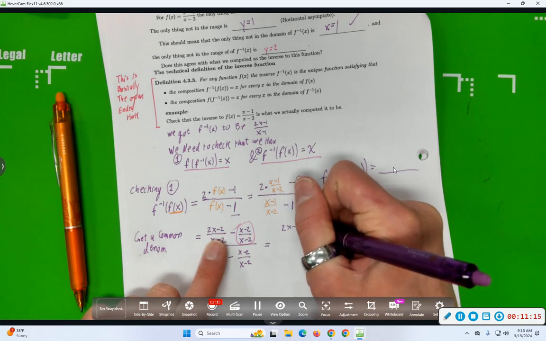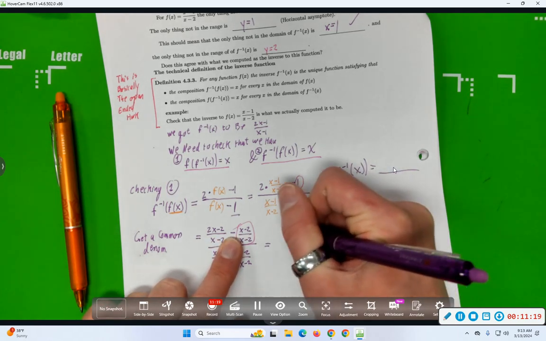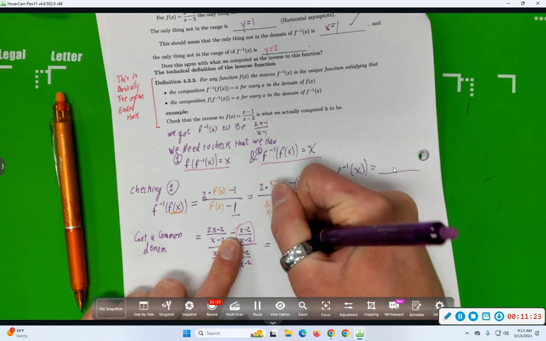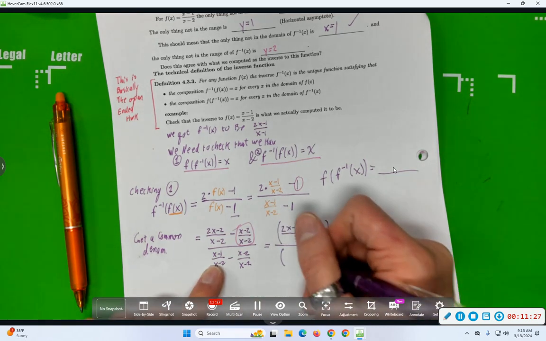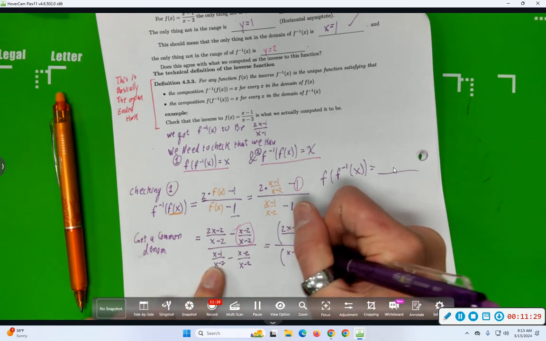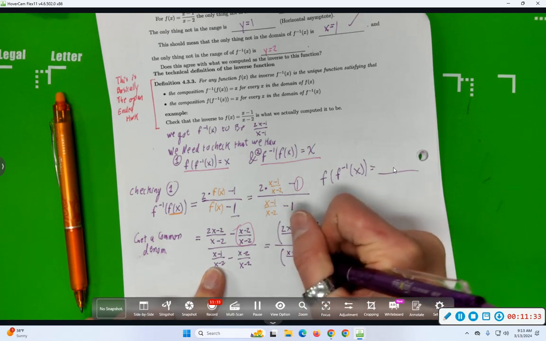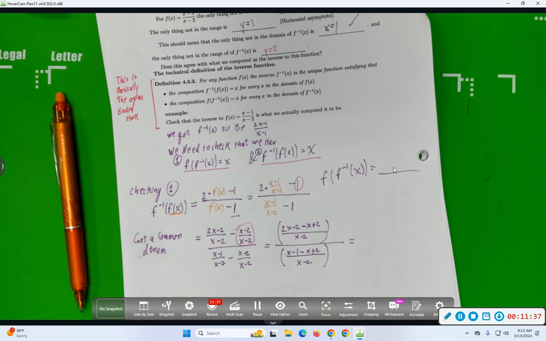2x minus 2, I guess I also need to distribute this minus sign, minus x plus 2, all over x minus 2. I'm going to add some parentheses so I know exactly what is in the big fraction's denominator. x minus 1 minus x plus 2 all over x minus 2. Why is it plus 2 now?